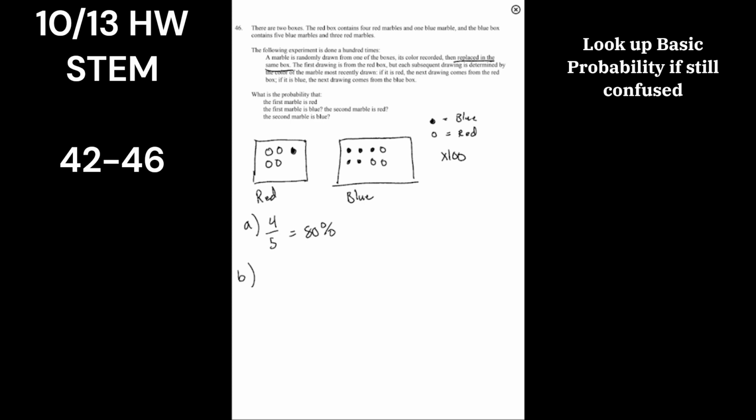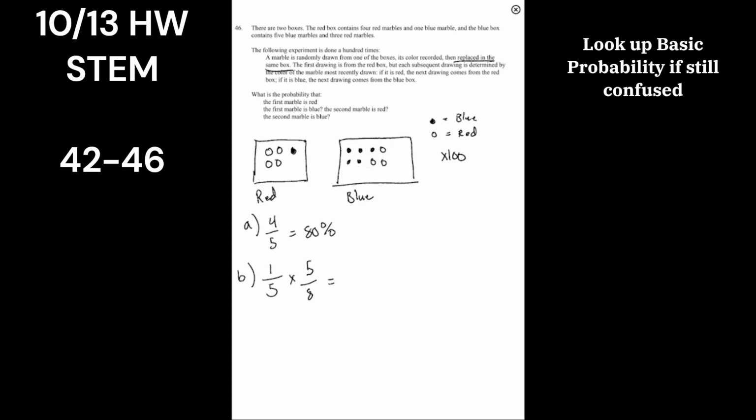The first marble is blue. The second marble is red. Okay, so here it's a 1 in 5. So here I'm just going to write this down. And it says there has to be a second probability. We have to multiply it by the probability of the second marble being red, which is a 5 in 8 chance.